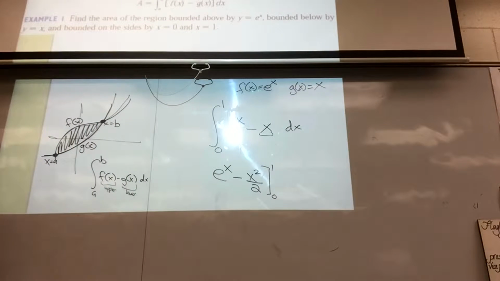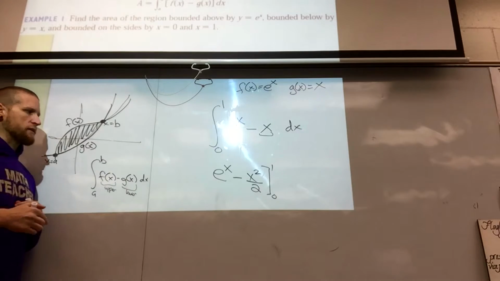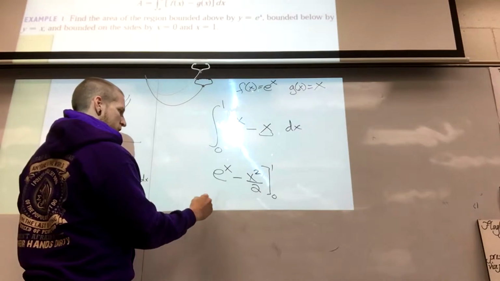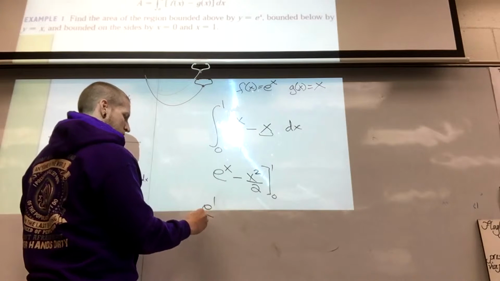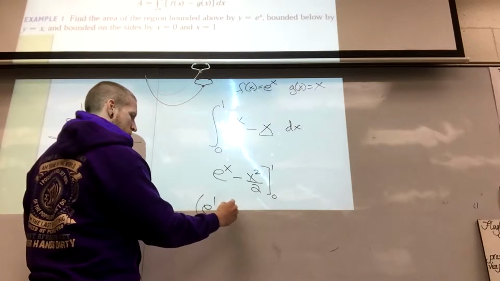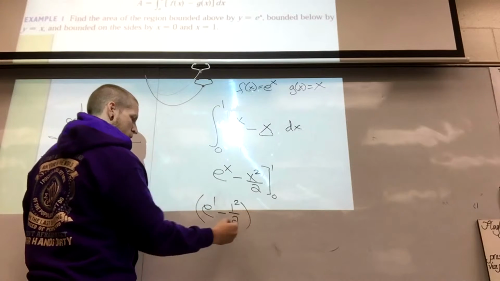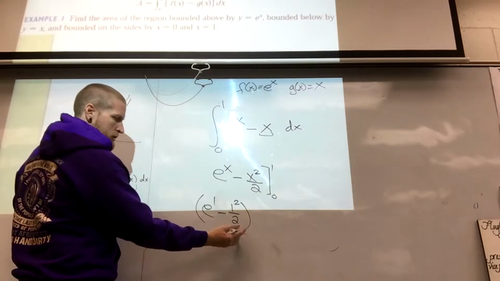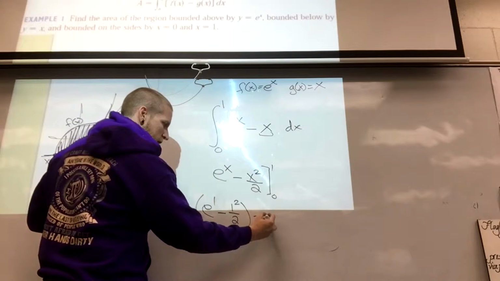Meaning you take the 1 and the 0, plug them in, and subtract the two. So this will become e to the first minus 1 squared over 2. That's the upper value, and then you subtract the lower one.